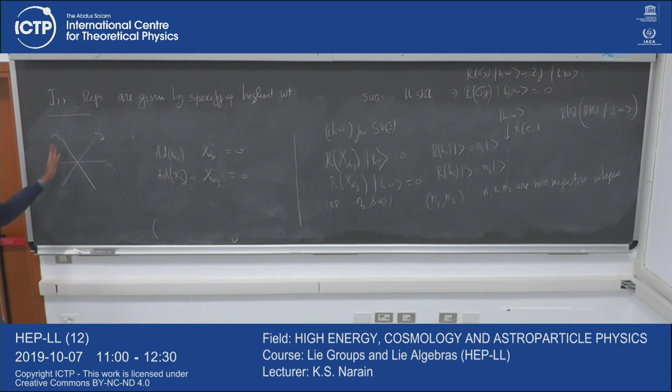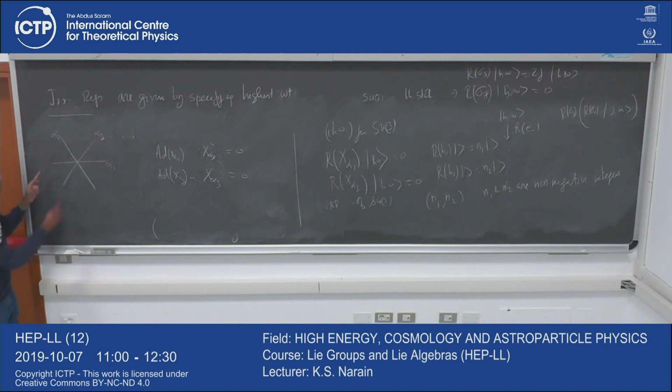With this choice, as I told you already, there is a lot of ambiguity because there are several SU2s now. I could have called this one raising and that one raising, for example. But once you make your definition that these are my raising operators, then with this definition, alpha 3 is the highest weight state.